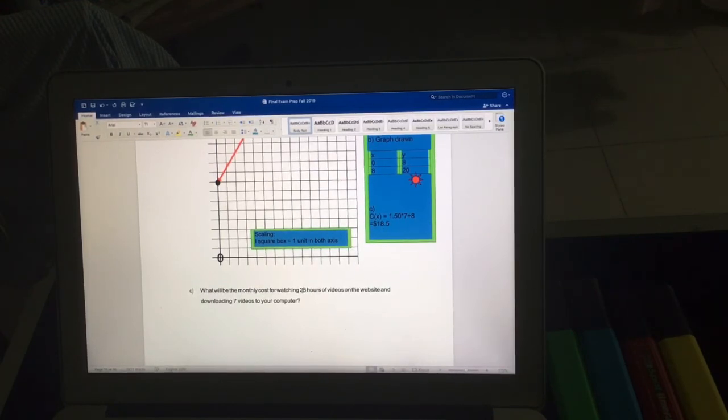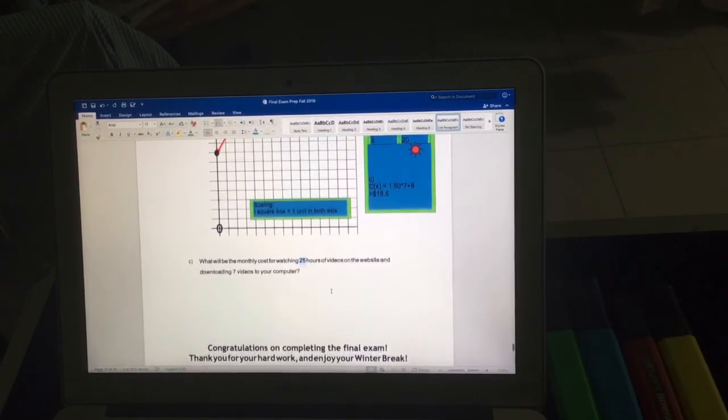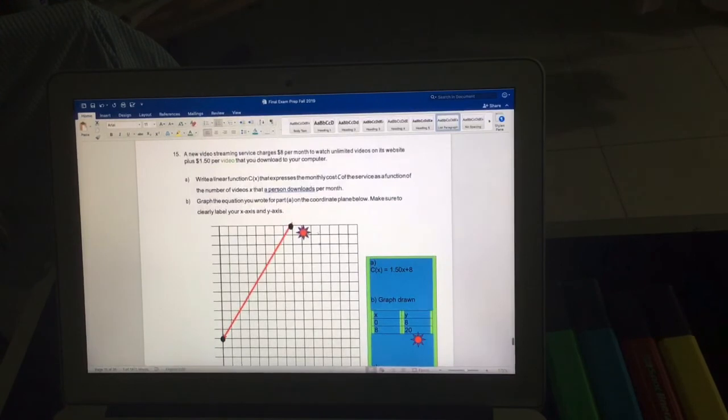And notice that we did not use this value 25 anywhere in the calculation. Why? What is the reason? The reason is, you see, for unlimited video you can watch unlimited video, and the value is $8.